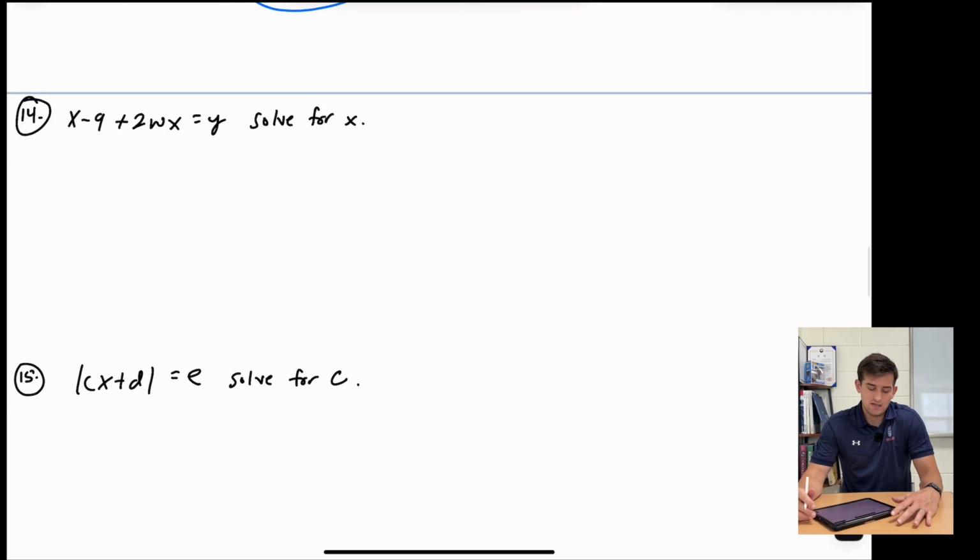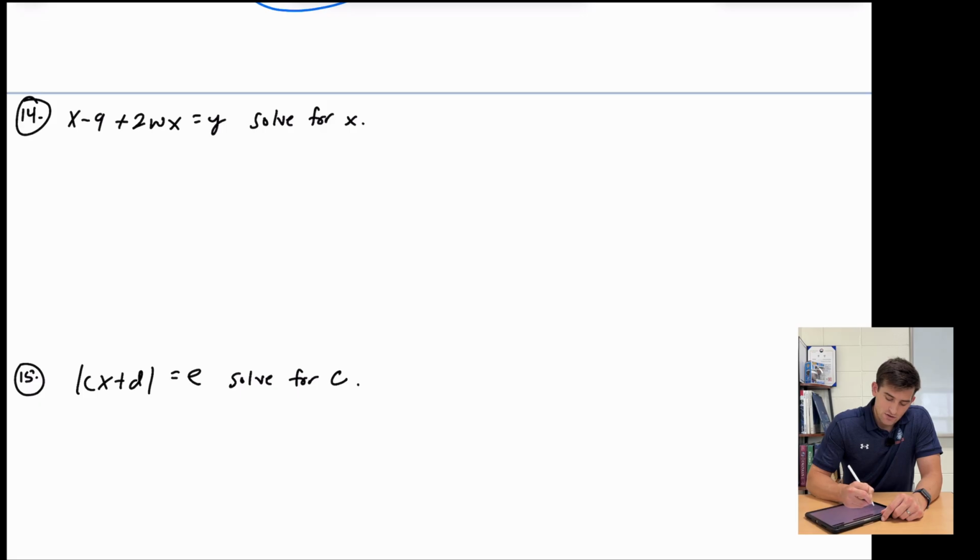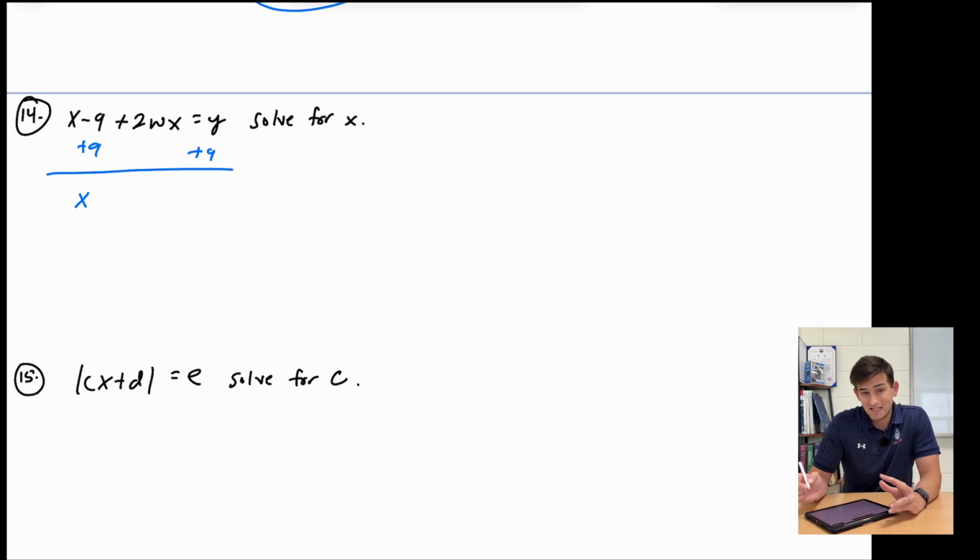All right, number 14, x minus 9 plus 2wx equals y. We want to solve for x. So I'm going to add this 9 to my other side. Now it's not going to combine with the y because those are two different terms, but we could just write y plus 9 on the right side. So x plus 2wx equals y plus 9. Now what I'm going to do is factor out this x. So if I factor it out, x times what is x?